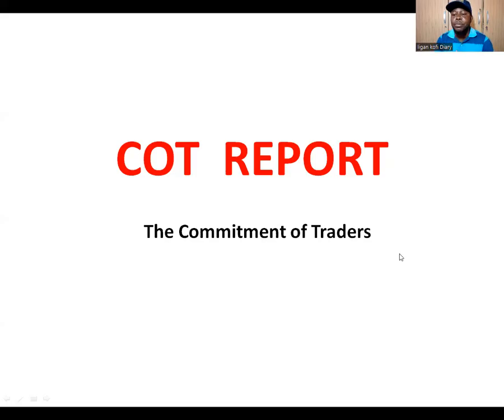Now, the word COT stands for Commitment of Traders. C stands for Commitment, O stands for Of, and T stands for Traders. Commitment of Traders simply means the position of traders. And the traders we are talking about here are not you and I, the retail traders. It's not you and I who sit by our PC or with our phone to trade. It is not the internet traders' report.